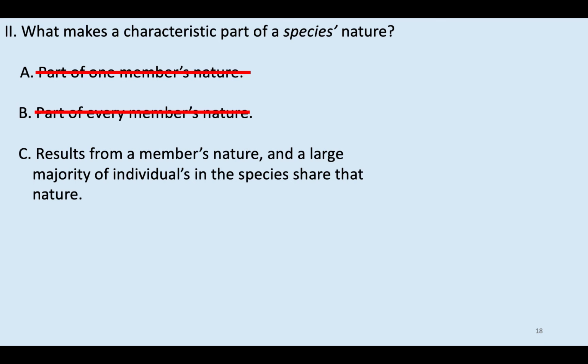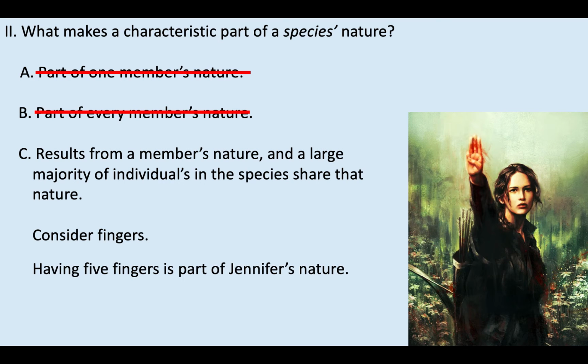Okay, how about this? A characteristic is part of a species' nature if it results from a member's nature in a member, and a large majority of individuals in the species share that member's nature. Okay, let's now consider fingers. Well, having 5 fingers is part of Jennifer's nature. That is, it's the result of her genes.